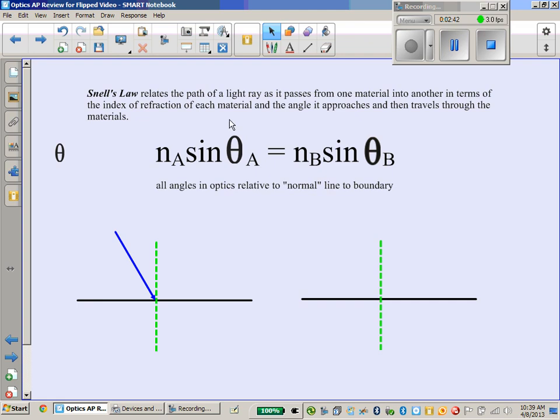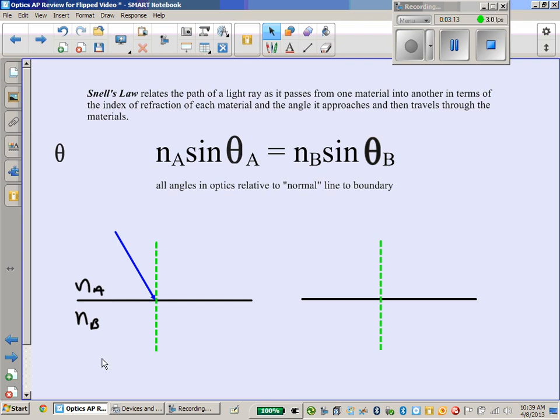If I have the material over here, Na, sometimes Mr. Horgan put N1 and N2, and then we have Nb. So we're traveling from one material into another material of different optical density.